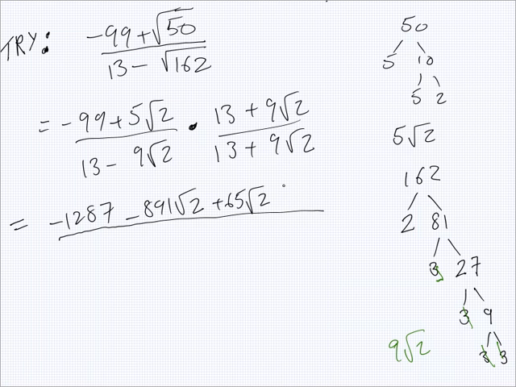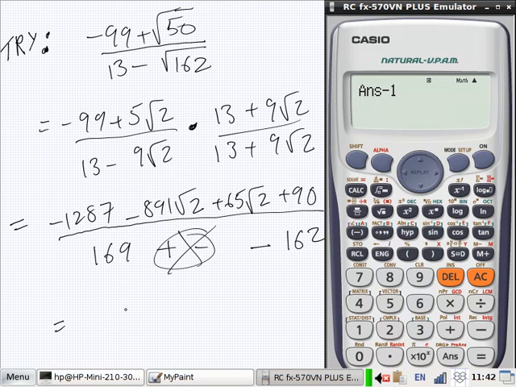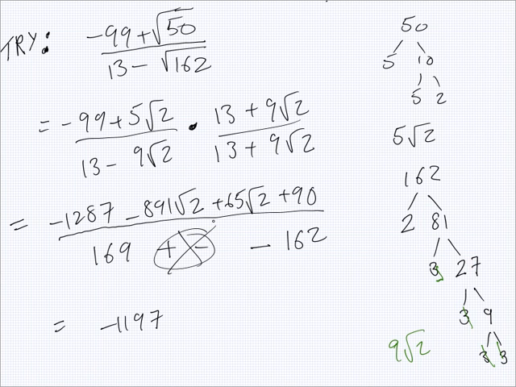On the bottom this will be 13 squared, 169, and then you'll have a plus and a minus piece that will cancel in the middle. And you'll have minus 9 times 9 is 81, times 2 is 162. So on the top, 1287 plus 90 minus 1197.